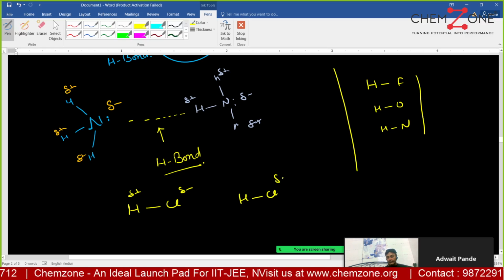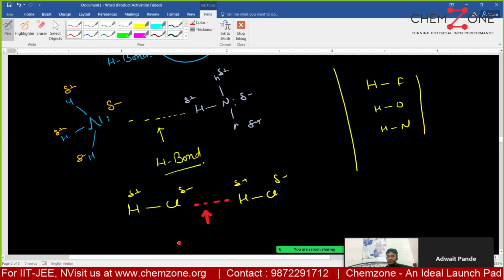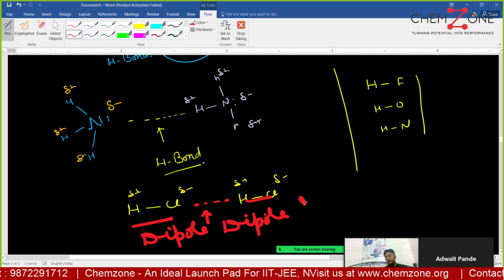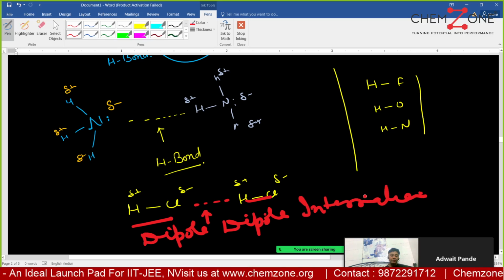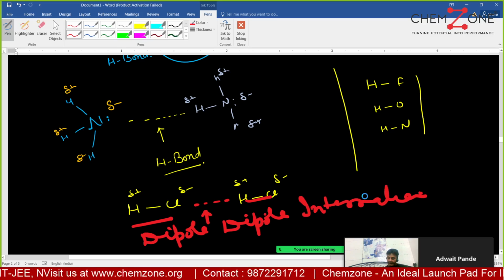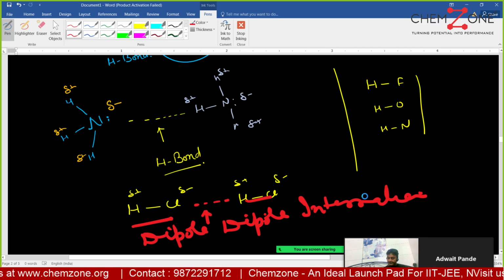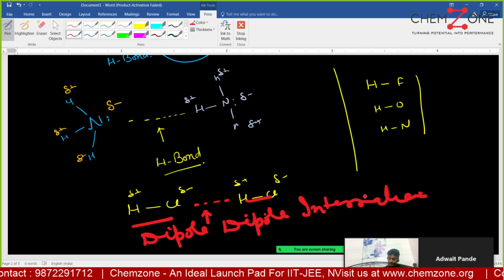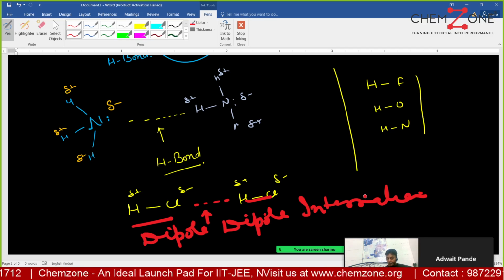But here I will not call this interaction hydrogen bonding; it will be called dipole-dipole interaction, because the dipole is here. Hydrogen bonding will be called only when hydrogen is bonded with fluorine, oxygen, and nitrogen. Only in this case, not in any other case. Understood?